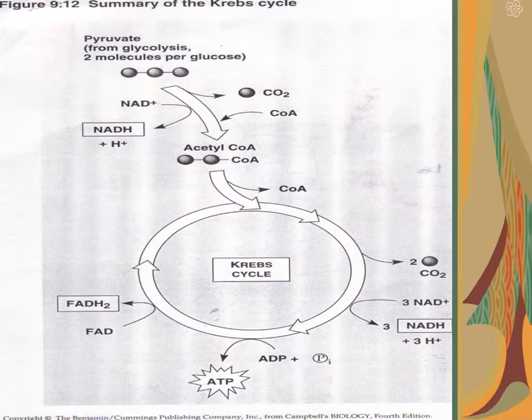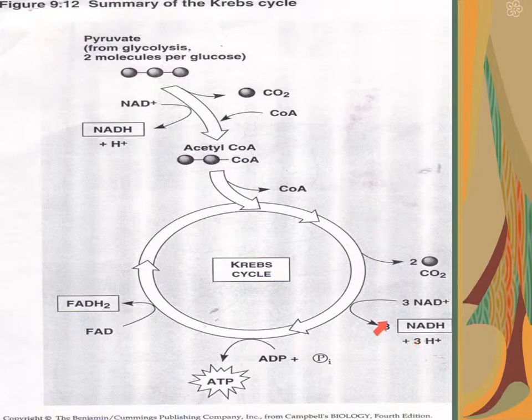Now, because we have 2 pyruvic acids making 2 acetyl-CoAs per glucose, we require 2 turns of the Krebs cycle per glucose. Each turn releases 2 CO2 molecules, 3 NADH, 1 ATP, and 1 FADH2.